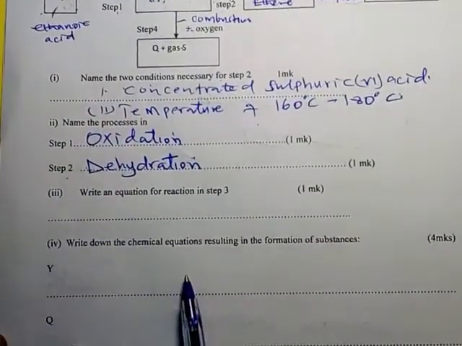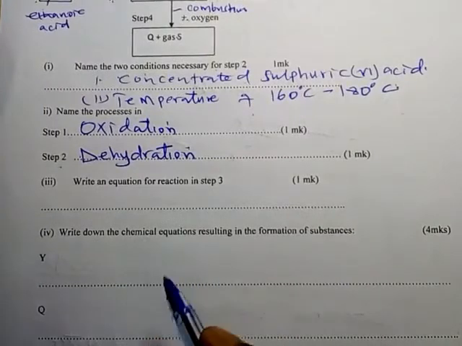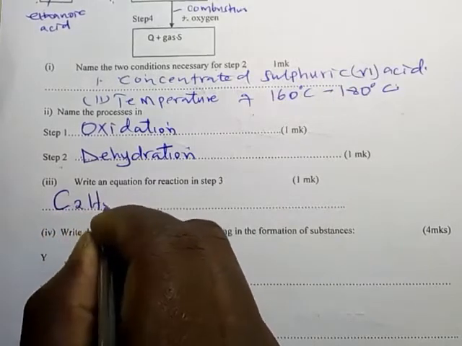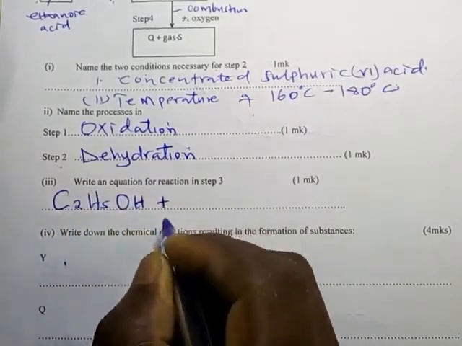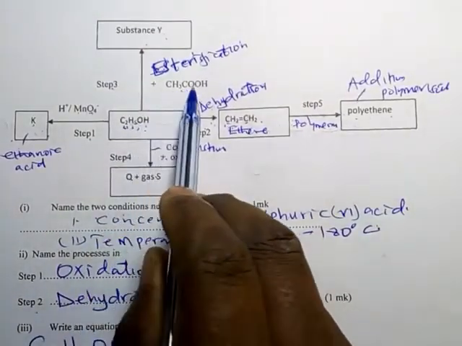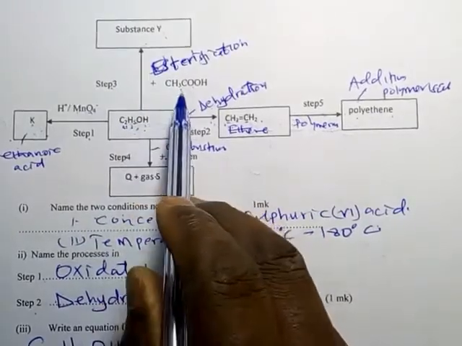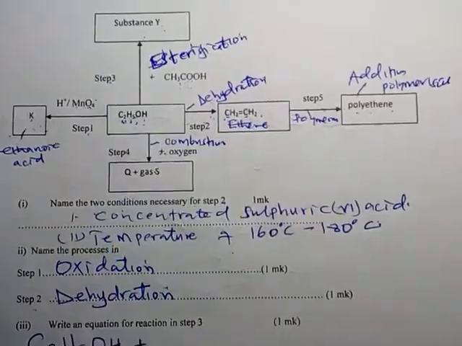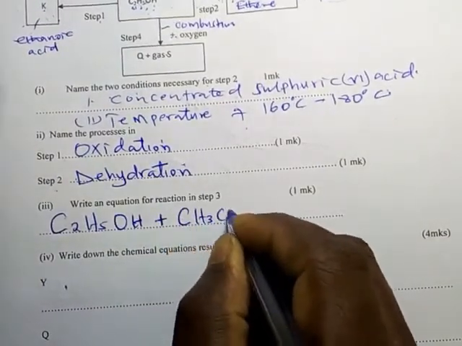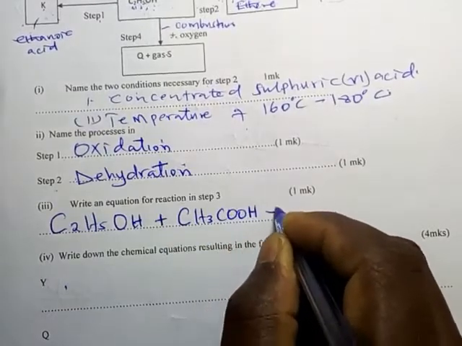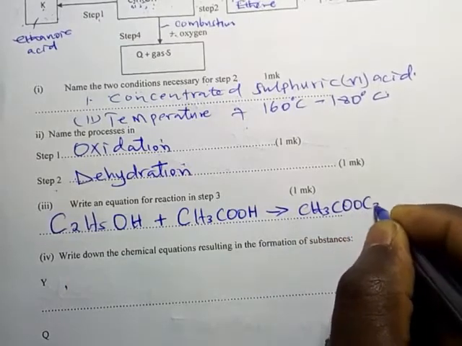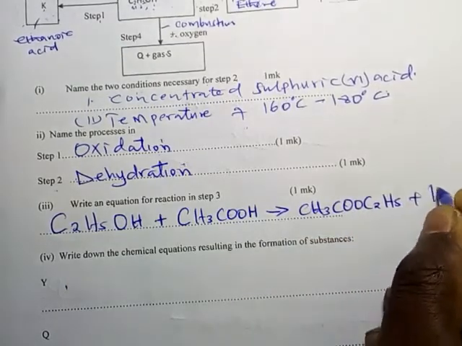So we write the equation of esterification: ethanol plus ethanoic acid, we form ethyl ethanoate plus water.